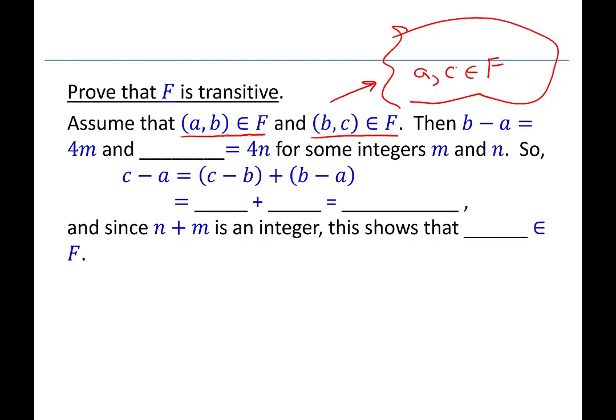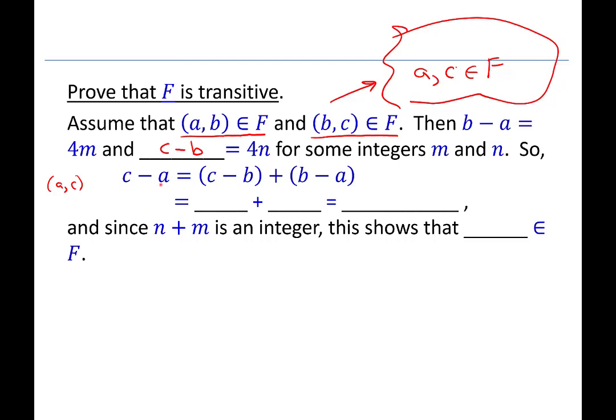Okay, so (a, b) is in the relation. This means that b minus a equals 4m. And (b, c) is in the relation, so c minus b equals 4n for some integers m and n. So c minus a, now why am I focusing on c minus a? Because eventually I want to say something about the pair (a, c).